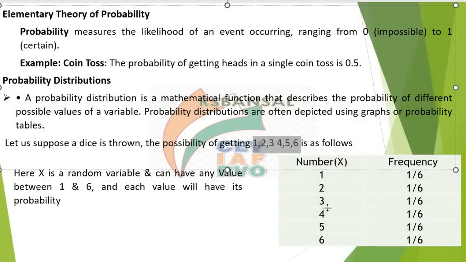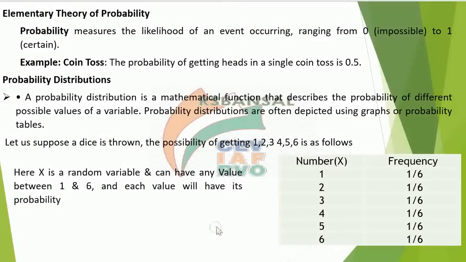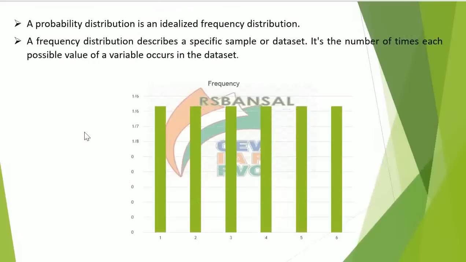So 1, 2, 3, 4, 5, 6 will each have a probability of 1 upon 6. So this is a probability distribution. A probability distribution is an idealized frequency distribution. We can represent it in graphical form, where 1, 2, 3, 4, 5, and 6 each have a probability of 1 by 6.